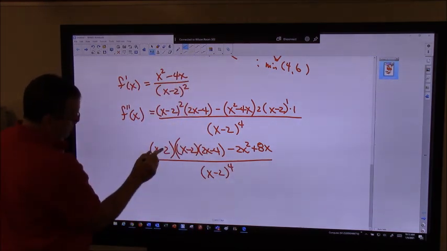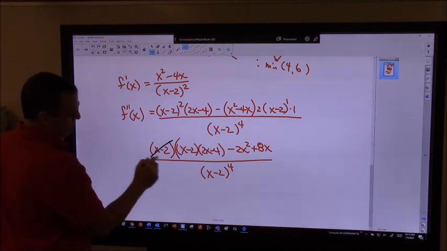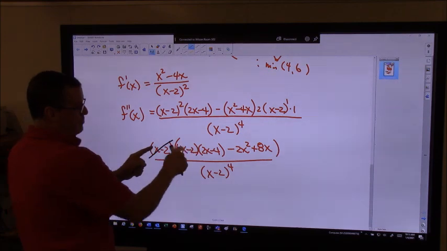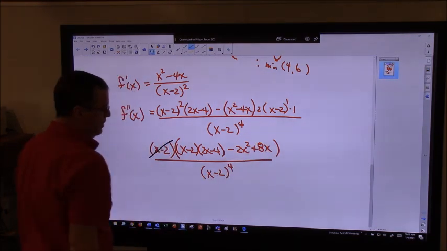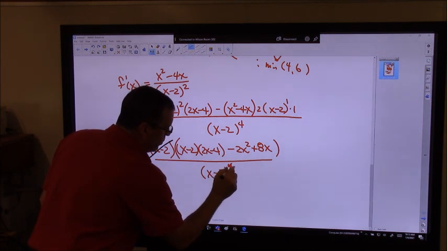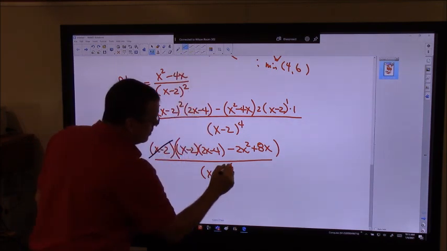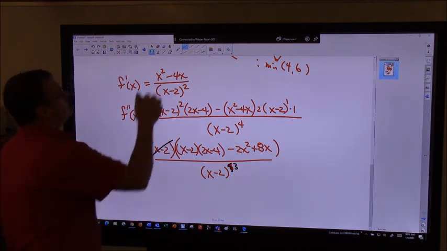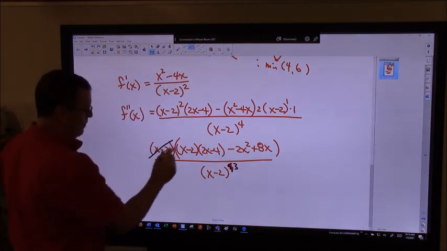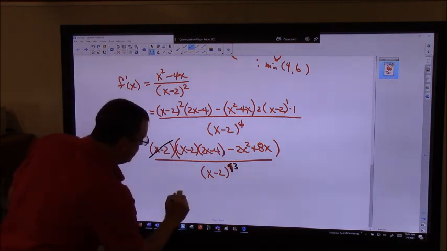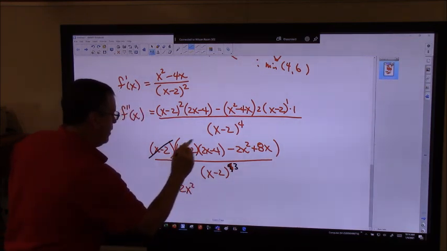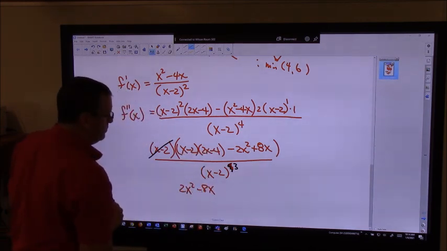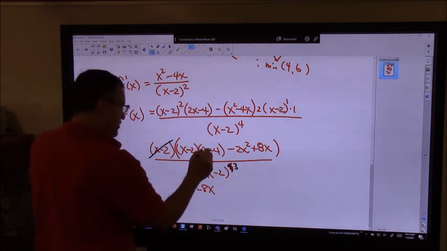Now, because I'm multiplying by this thing, oops, I need one more set of parentheses here. This factor is getting multiplied times everything inside this set of parentheses. I can cancel that with one of these, and this is now to the 3rd power. All right, so here's what I get. If I FOIL this, I get 2x squared minus 4x minus another 4x, so that's minus 8x, and then plus 8.